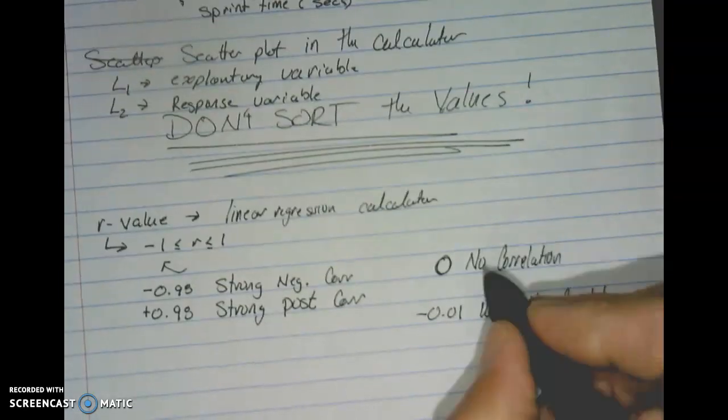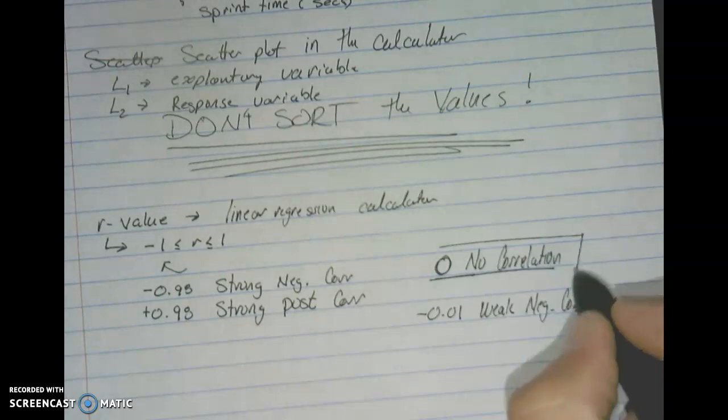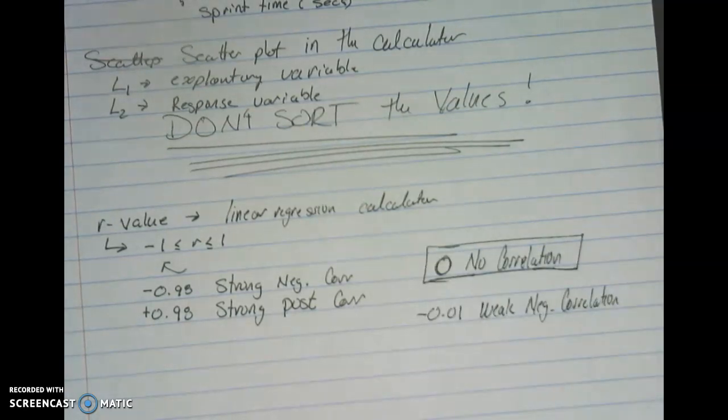It's got to be exactly 0 for it to be no correlation, and that's going to be pretty obvious. Weak.